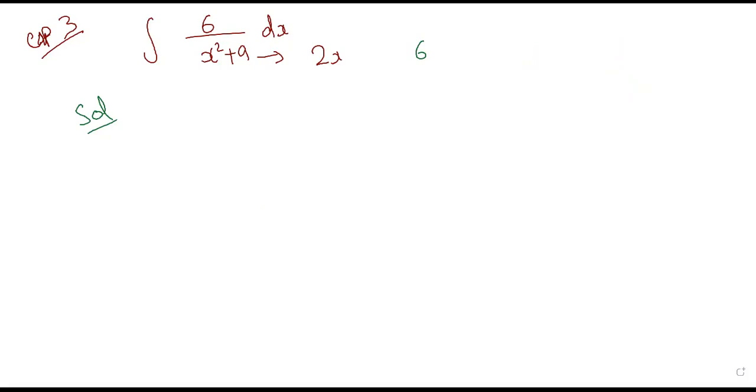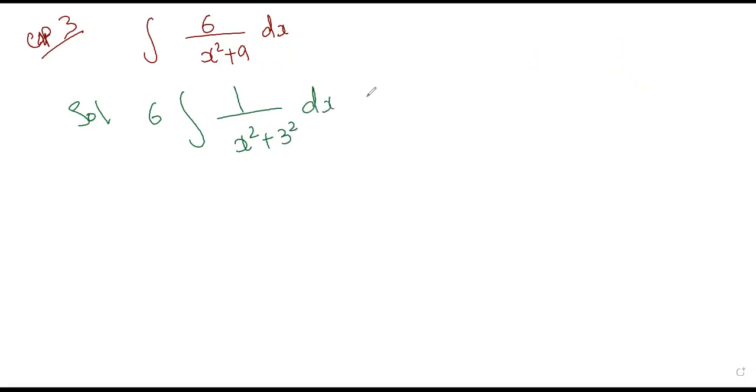We have discussed this type as well. You can take 6 outside and you will have 1 over x square plus 3 square. Yes, now tell me, what would be the answer? We have discussed this type.